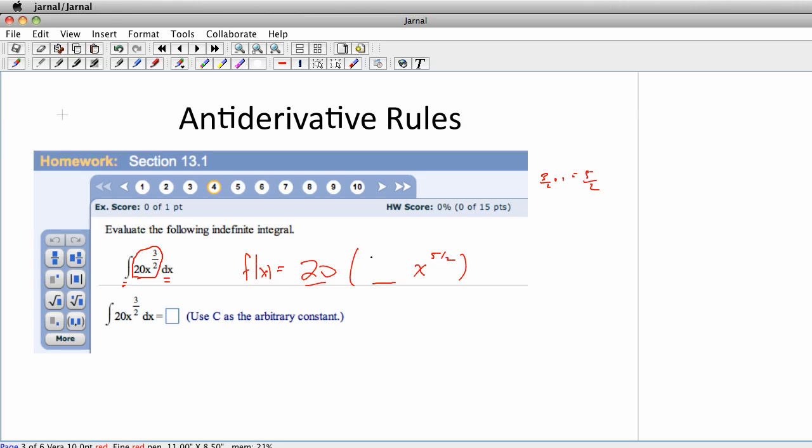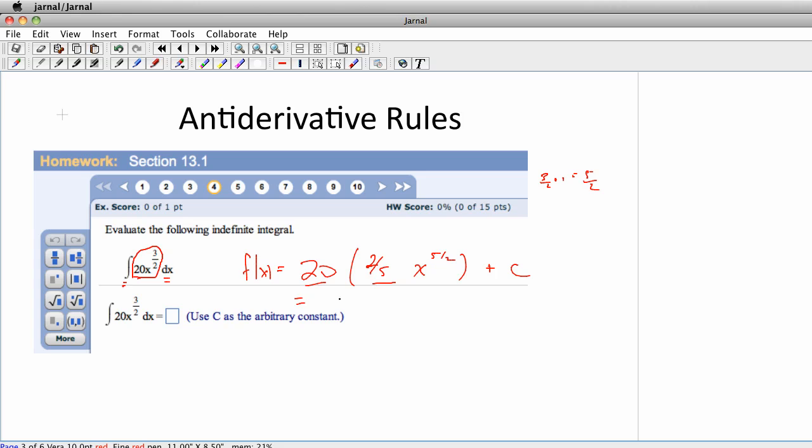And so if we put a 2/5 here, that's the reciprocal of 5 halves, then when that 5 halves comes down with the derivative rule, it'll get multiplied by 2/5 and it'll be 1 and it'll go away. So if I use this as my answer, of course, plus c, let's simplify this and then we'll check it.